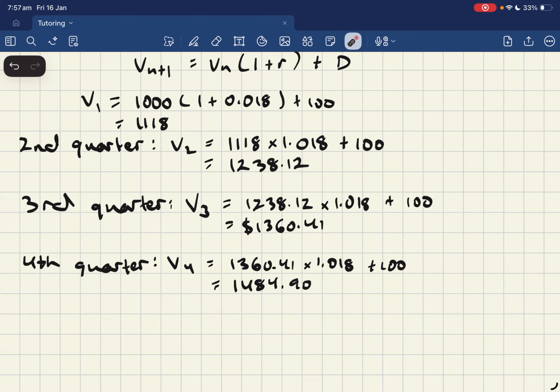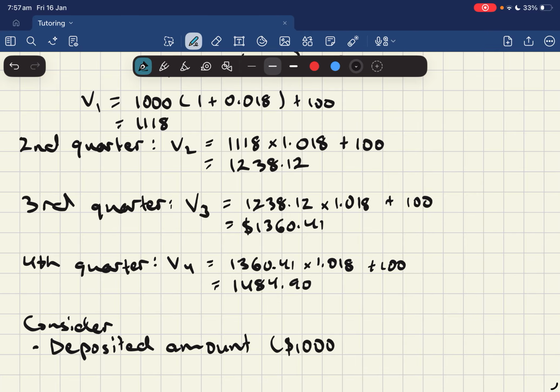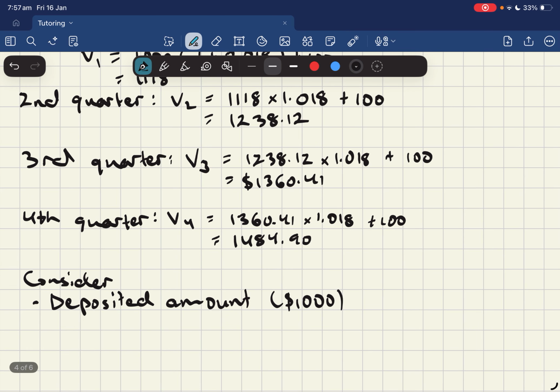But remember, our interest is just the extra amount that's been earned, right? So we have to consider a couple of things. We have to consider the deposited amount. That's 1,000. That doesn't get included in the interest, right? That's like our present value when we did investments and loans a few series ago.